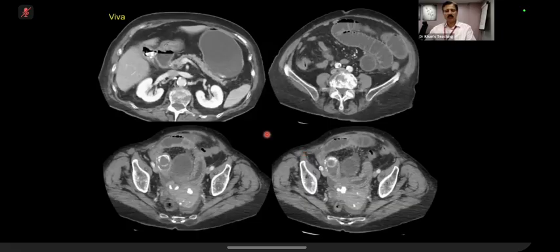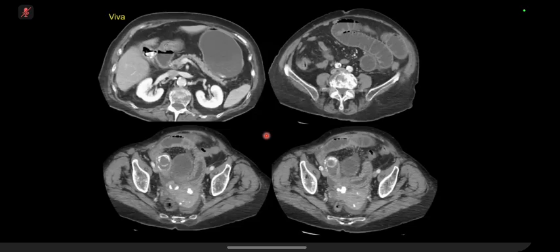And what is happening? There is dilatation of the small bowels, along with a laminated calcific density in the small bowel loops as well, and some surrounding inflammatory change and thickening of the bowel wall.